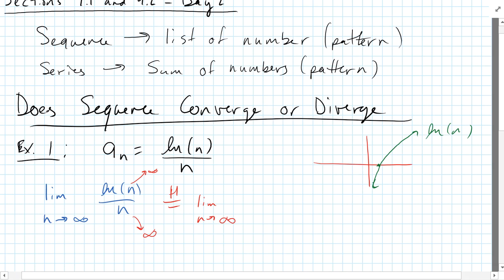The derivative of natural log of n is 1 over n. Then we take the derivative separately of the denominator. The derivative of n is 1. And as n goes to infinity, the whole thing goes to 0, and the limit exists.